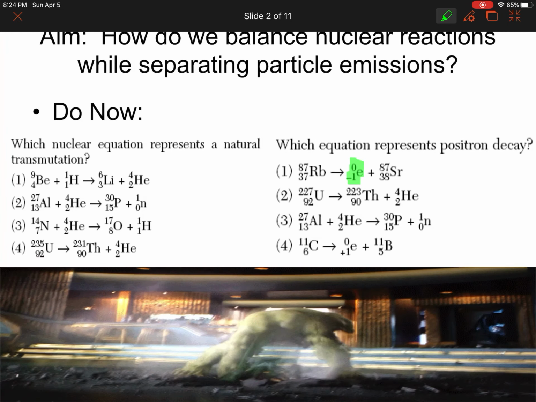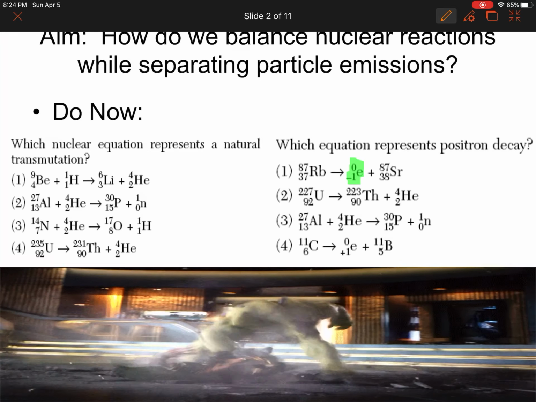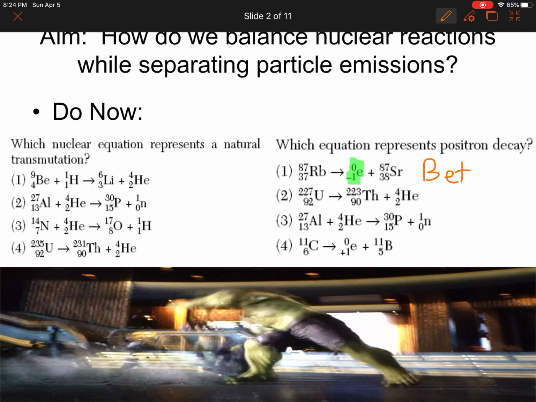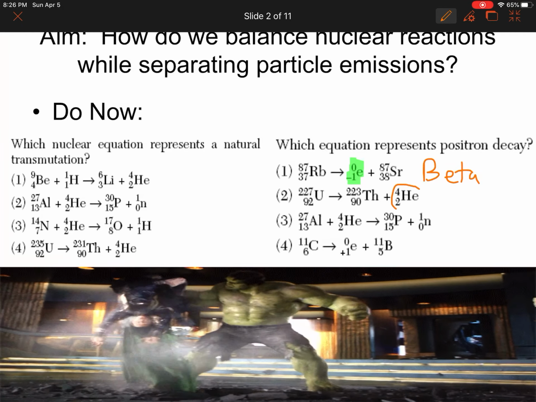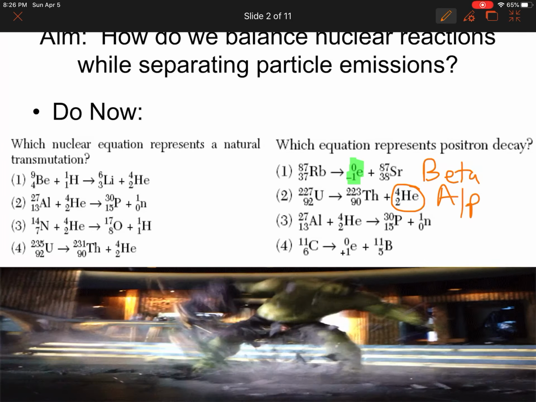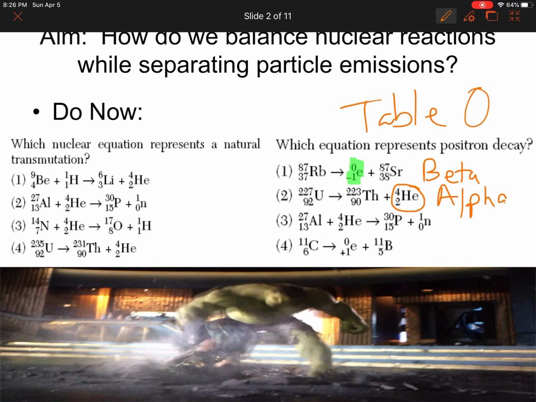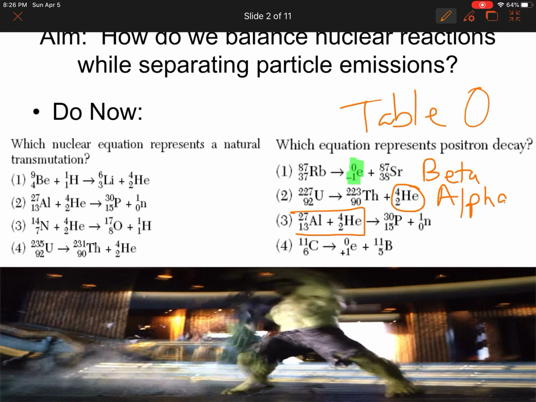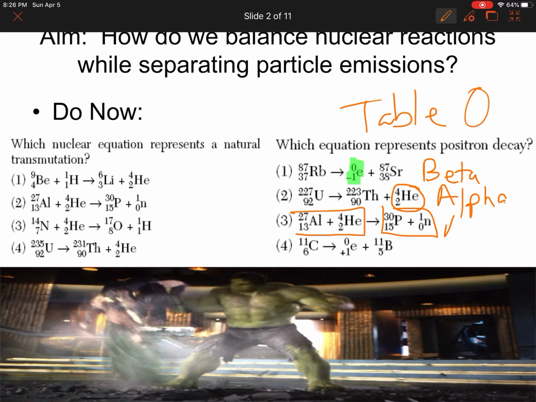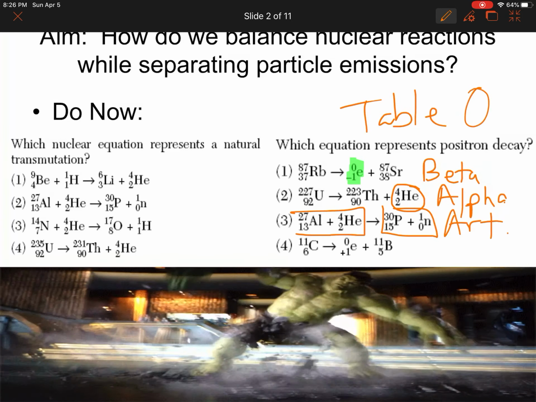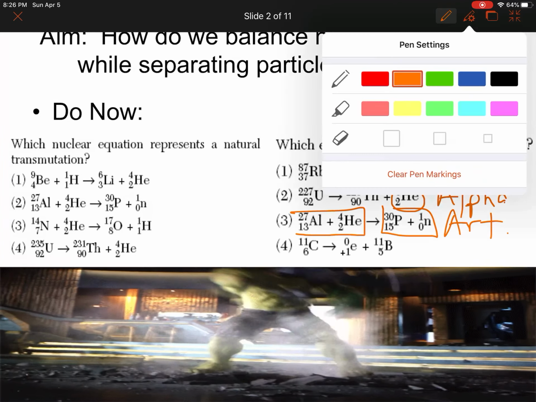0, -1e. Well, we learned that is a beta particle. 4, 2He, we learned that was an alpha particle. Again, guys, table O. When you have 2 on the left, 2 on the right, that's not natural, that's artificial, so that cannot be the answer. Here we go.